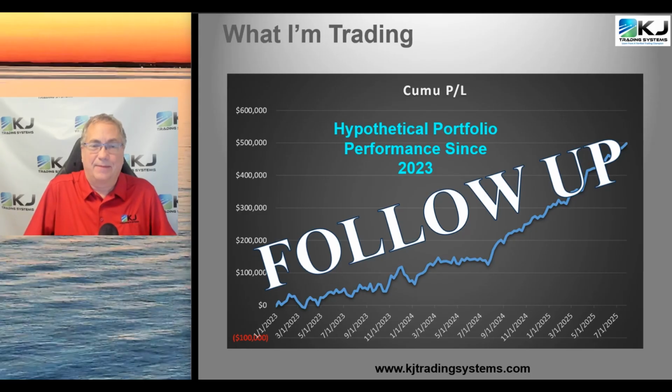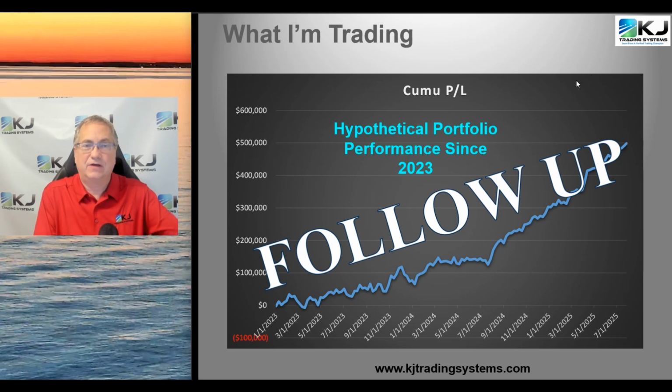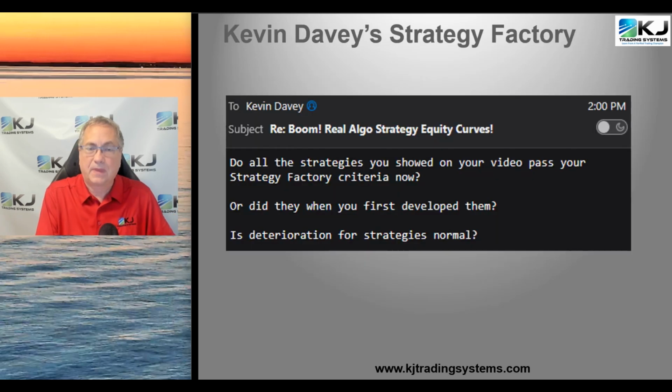So today I'm doing a follow-up because of some questions that came in that I wanted to address and give you a little more information. I received this email with these questions about the strategies I showed in the last video. The first question was, do all the strategies you show pass your strategy factory criteria now, as of today?